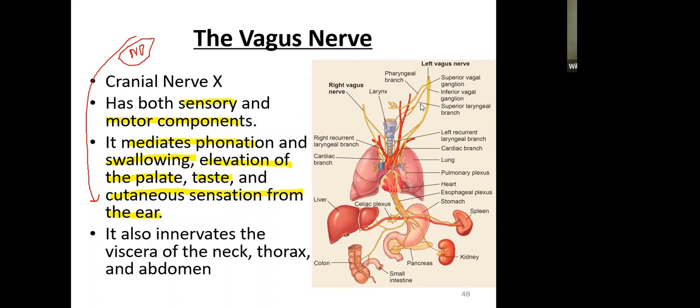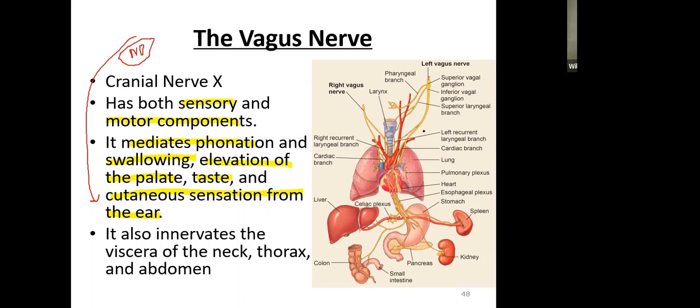I'm just going to show you the position of the vagus nerve. So we'll look at the left vagus nerve. Here we have the superior vagal ganglion, the inferior vagal ganglion, and then the vagus nerve comes down and goes through something called the carotid sheath.